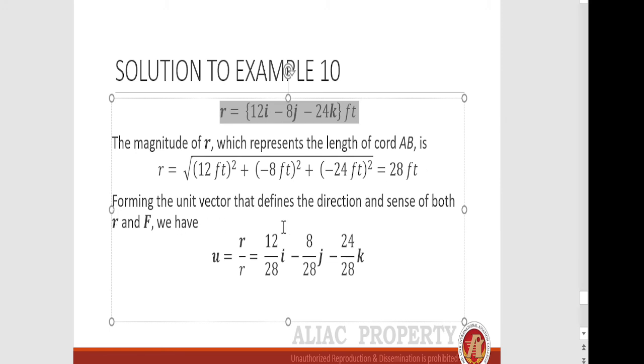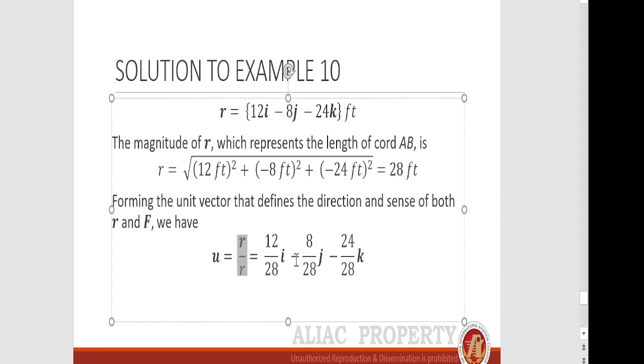Then, forming the unit vector that defines the direction and sense of both r and the force vector F, we have u equals vector r over magnitude r. So vector r is 12, minus 8, minus 24, over 28, the magnitude we already solved.